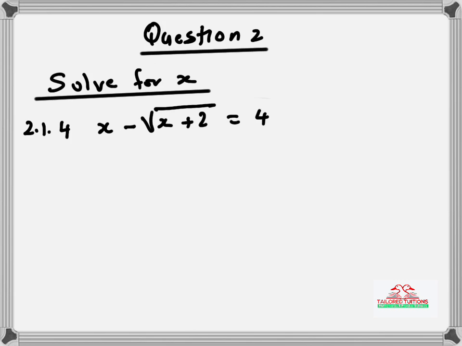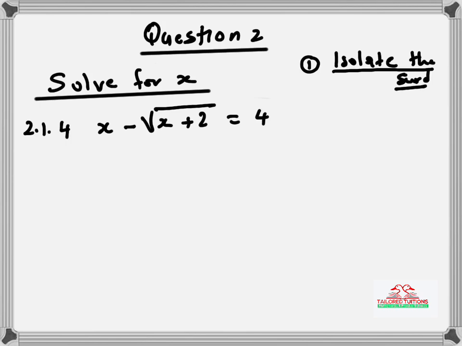Alright, number one, if you are dealing with a surd equation, we are not saying this is the only way, but it is easy if you firstly isolate the surd. So by isolating the surd, I mean make your surd the subject of the formula.